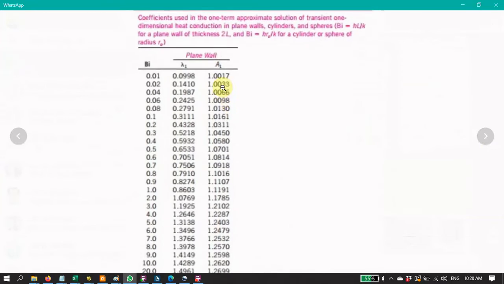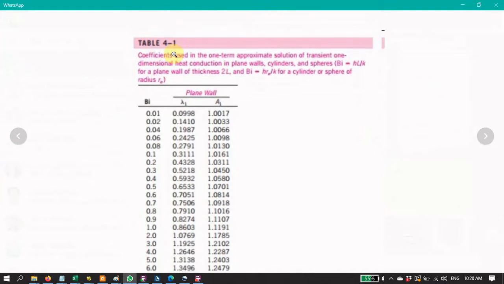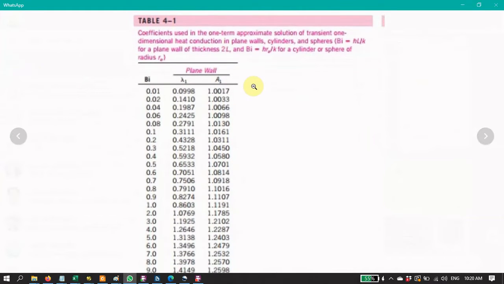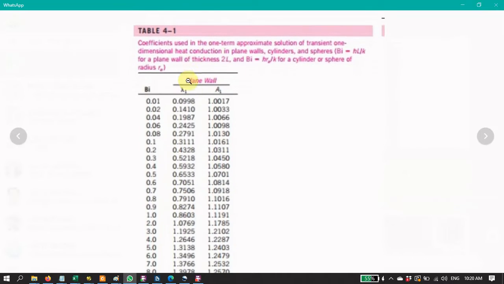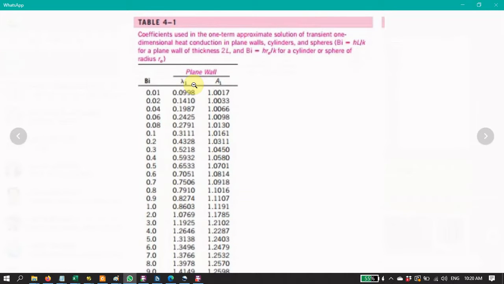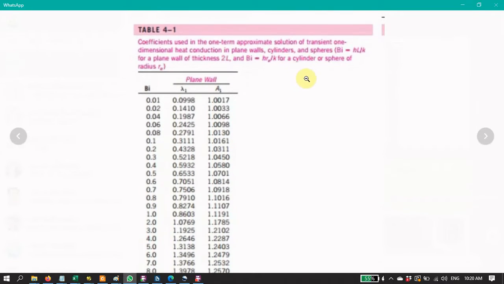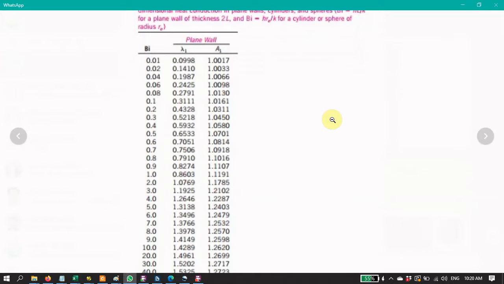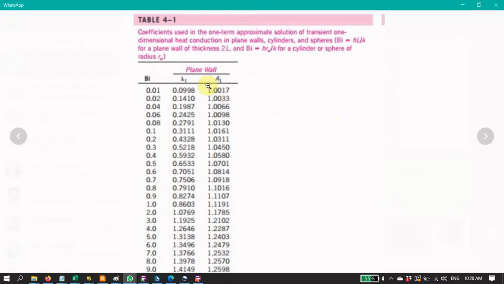Right, so I am referring to the large plane wall. As I said before, the coefficient A1 and coefficient lambda 1 are specific to a plane wall in this case. You have other values of this constant for a long cylinder and a sphere, but I just removed the columns corresponding to those geometries.